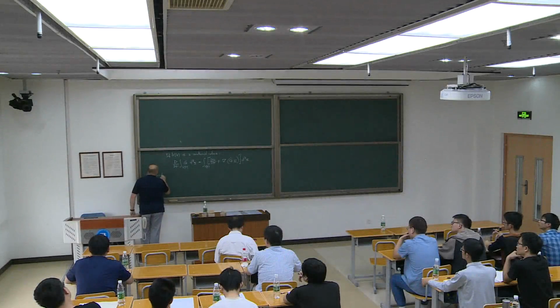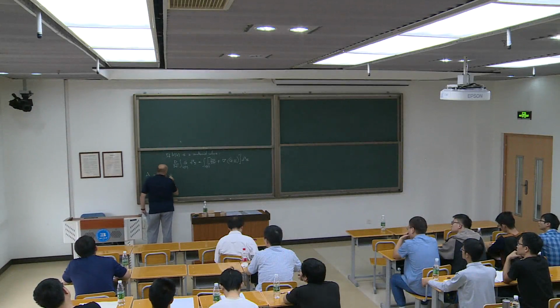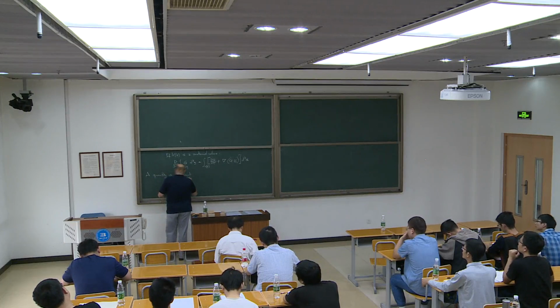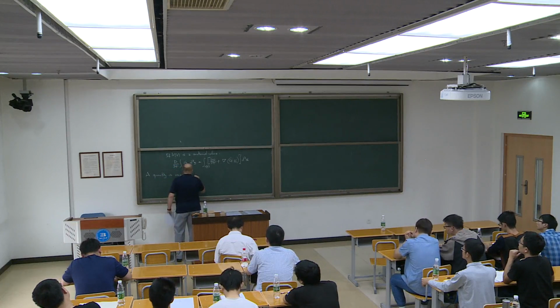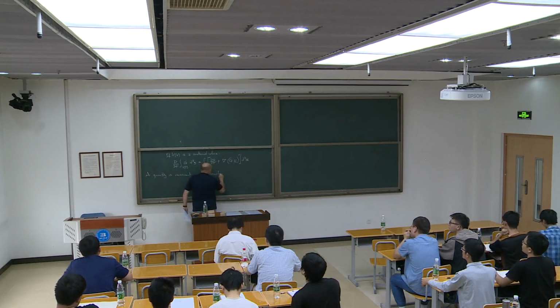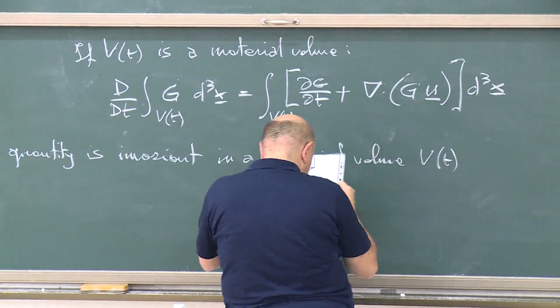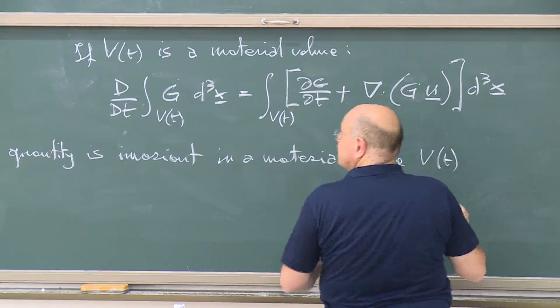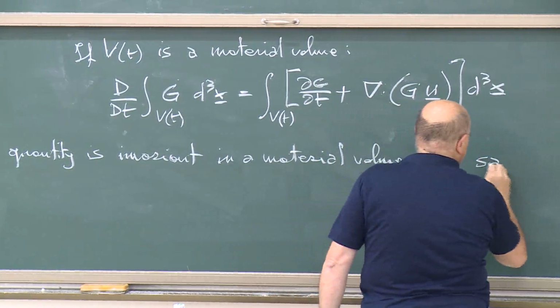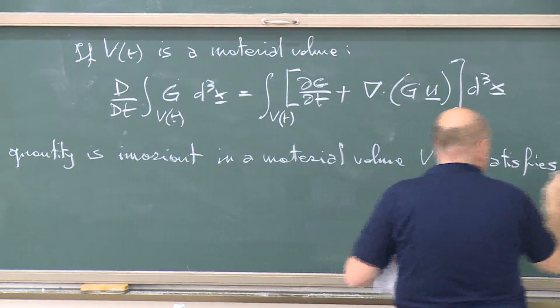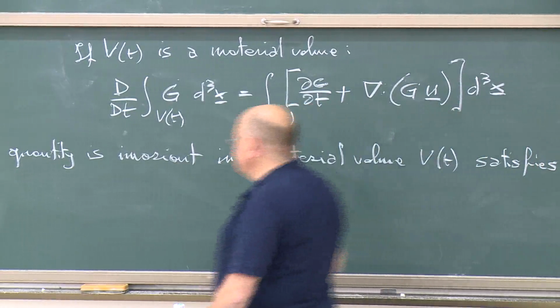A quantity is invariant, or conserved, if you like, in a material volume Vt, if it satisfies the following conservation law.